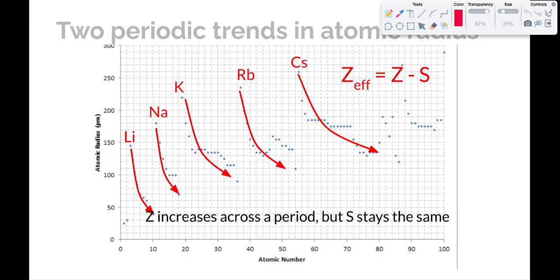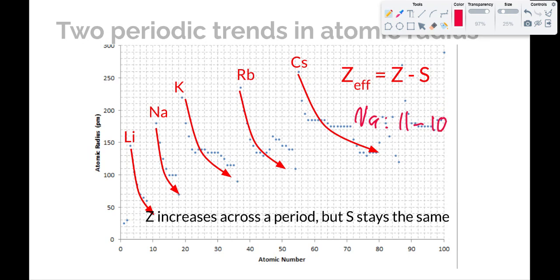So for example, the number of shielding electrons for these first column elements that we have in this chart that are labeled would be, so let's take sodium as an example. Sodium has 11 protons, that's Z. The noble gas that comes just before sodium is neon, which has an atomic number of 10.